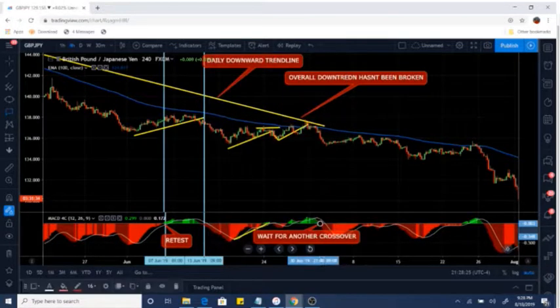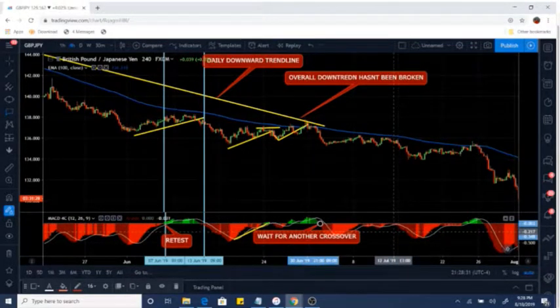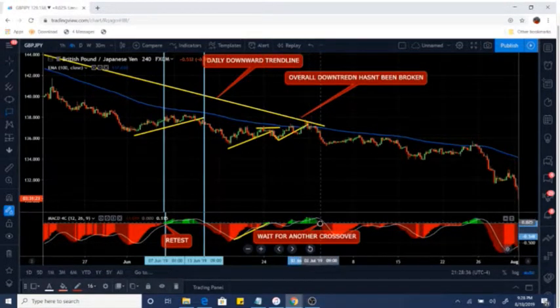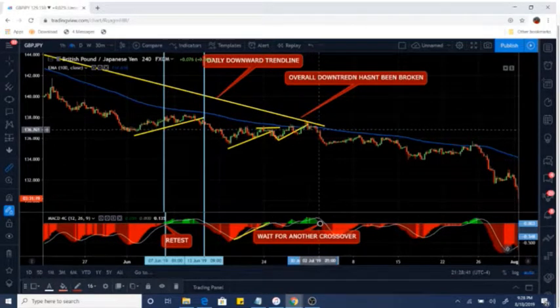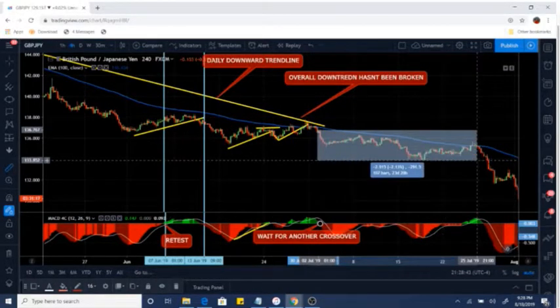Why am I waiting for that crossover? The reason why you want to wait for the crossover is that it signifies trend change. So we're going from an uptrend back down to a downtrend. So even if you would have lost this trade here, whatever you lost, you would have made up with this move right here.